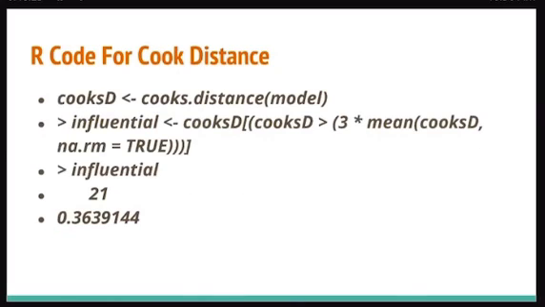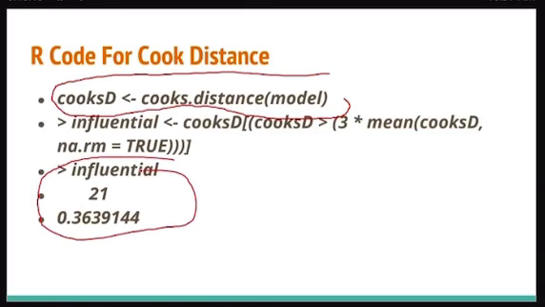Using the Cook's distance, this is the code, cooks.distance of the model. And an influential point is actually going to be the one that is greater than 3 times the mean of whatever, and what happened? It flagged out observation 21 to be the influential point. And you can see there's an agreement, right? There's an agreement between the residual way of investigating that, the standardized residual way, and the Cook's distance way of investigating that.